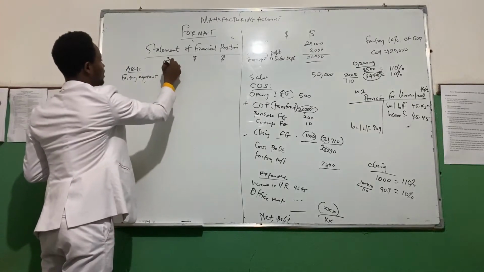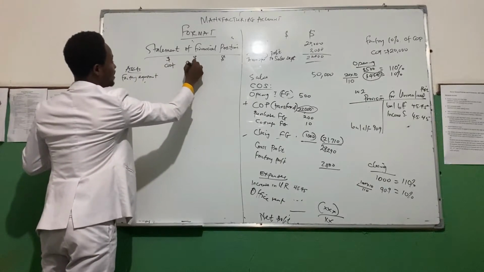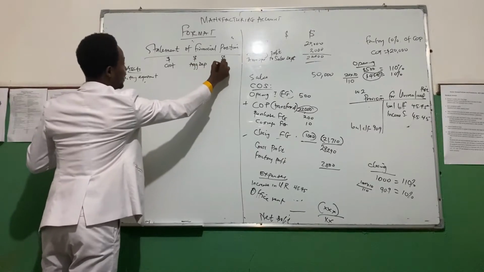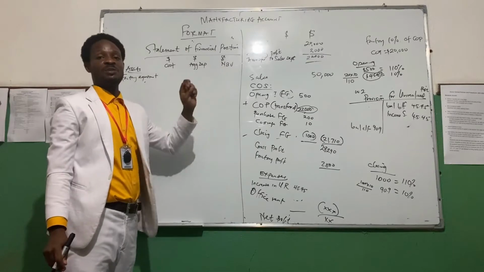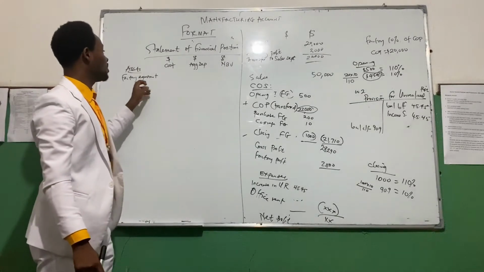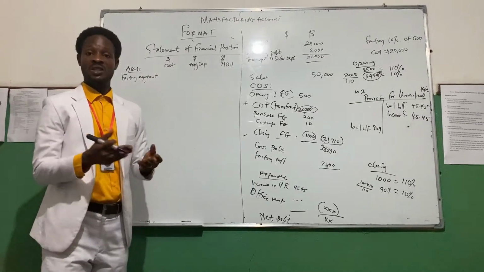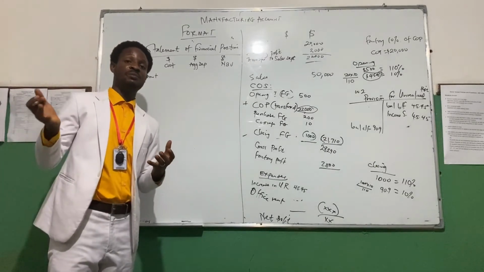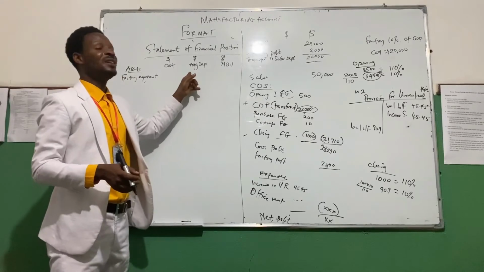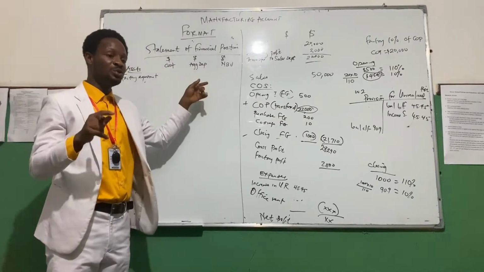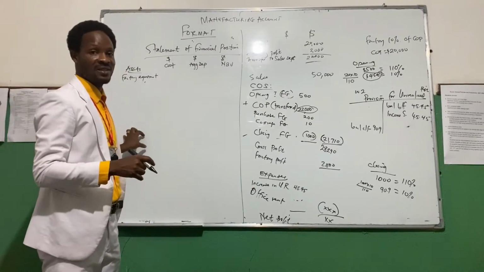Cost, aggregate depreciation, the net book value. Cost minus aggregate depreciation is equal to net book value. Now, for factory equipment, the cost will be given to you in the question, except you bought additional equipment. That cost comes here. Aggregate depreciation is the depreciation you used in the factory overheads in step 1.